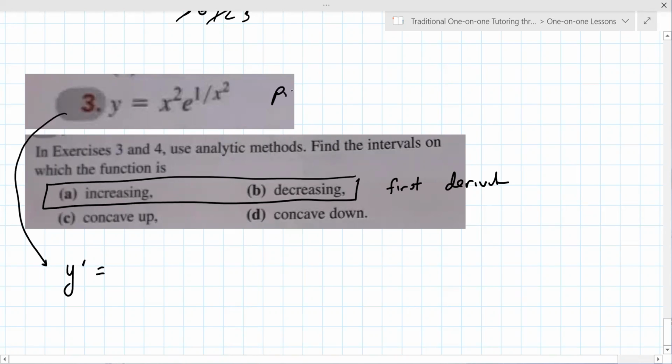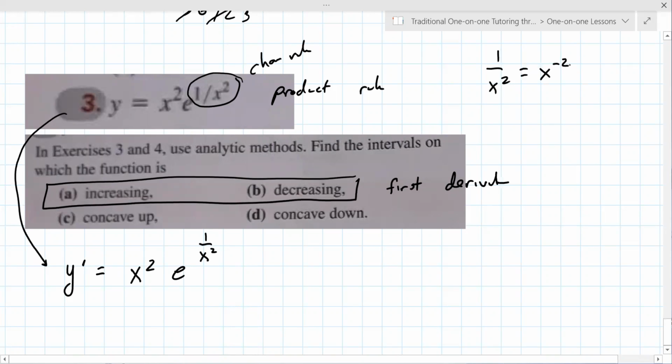You got to know that this is product rule. But within this one right here, there's a chain rule also. Oh, okay. So let's do that together. So x squared, and then the derivative of this, you keep it. But then the derivative of the inside function. Remember, 1 over x squared is x to the minus 2.